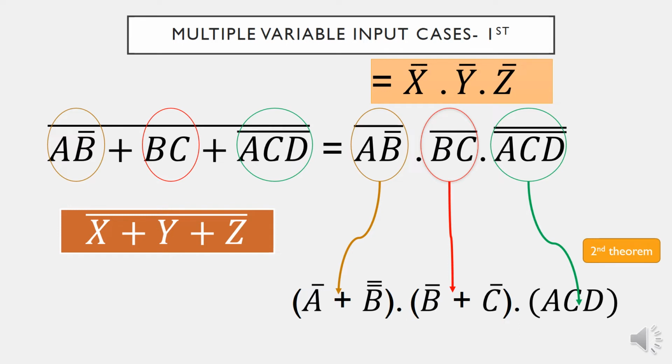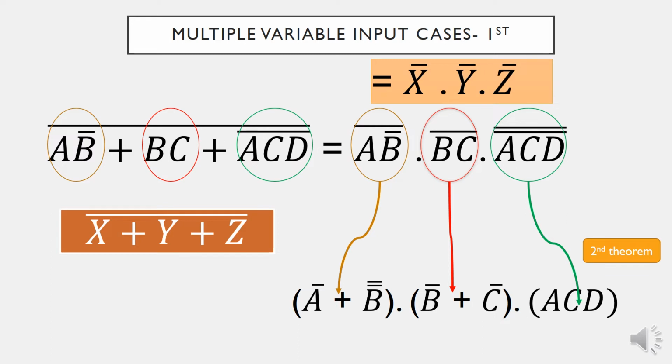This is another example of how the DeMorgan theorem can be applied to an equation with multiple variable inputs. So if you can see here, we have three product terms which have been complemented together.